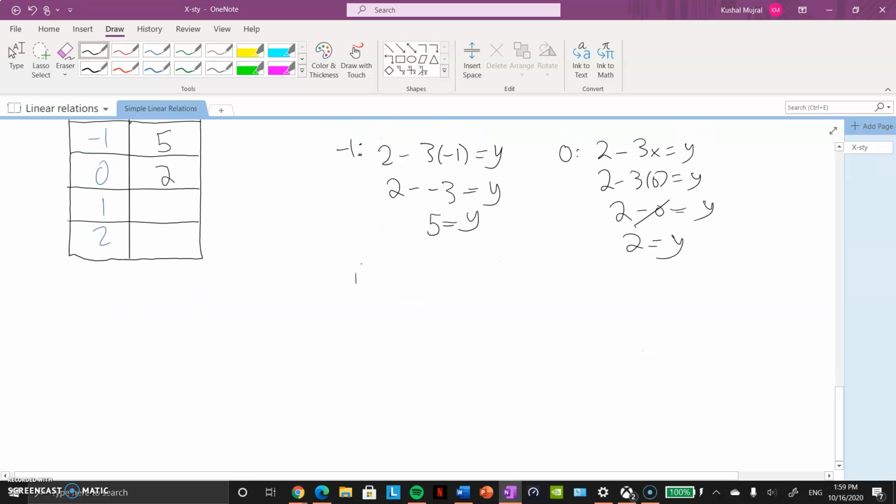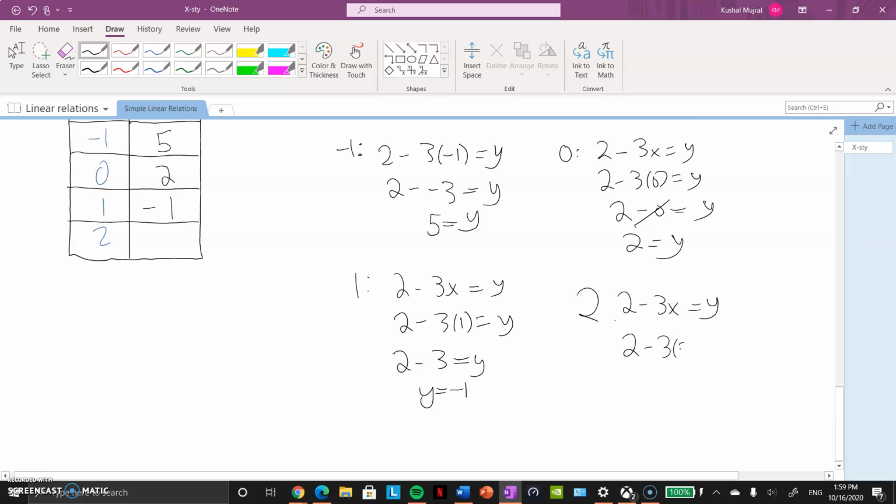Let's take a look at 1. 2 minus 3x equals y. 2 minus 3 times 1, because we're plugging in 1 for x, equals y. 2 minus 3 equals y, and y equals negative 1. So we're going to write negative 1. Let's take a look at 2 over here. 2 minus 3x equals y. 2 minus 3 times 2 equals y.